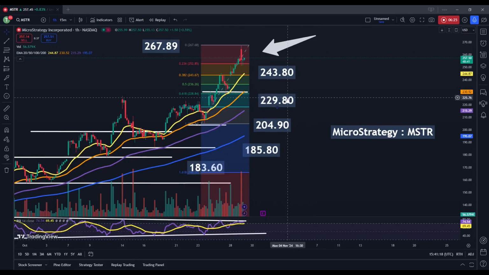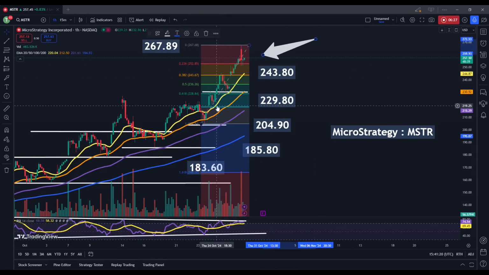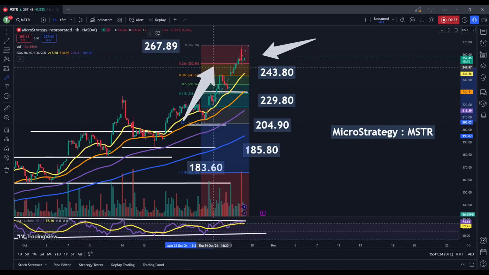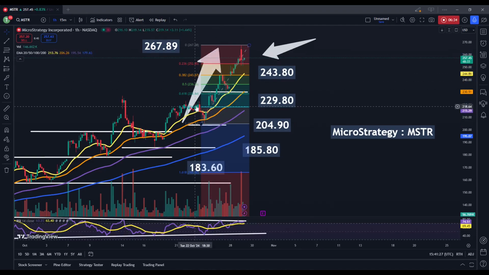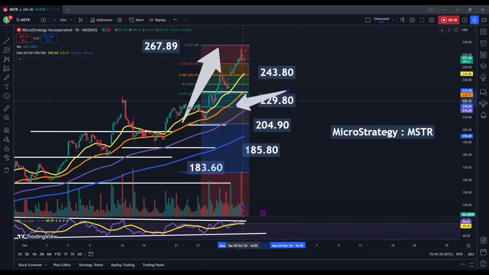So I'm going to refer to this as 229.80. And the reason I point out this level is because this is the 61.8% Fibonacci retracement of this most recent ascending move higher. This is the most recent bull wave that we have seen for the stock. And if we retrace 61.8% of that move, that would put us right back at right around 230, just below there. In addition to that, we also have the 50-hour exponential moving average.